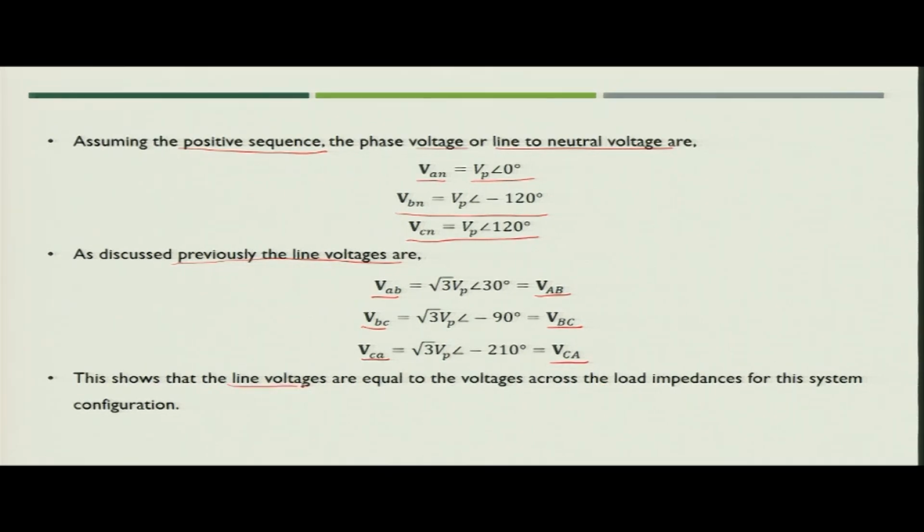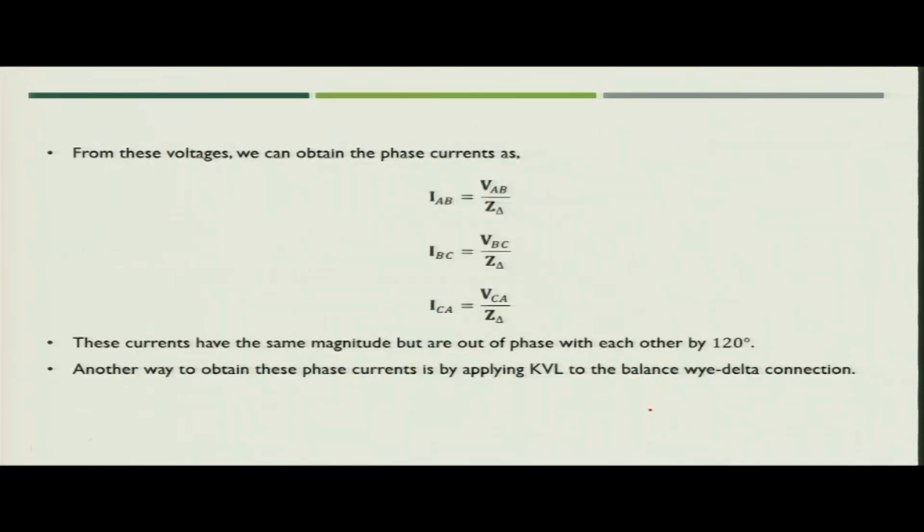So the line voltages are equal to the voltages across the load impedances for this system configuration.